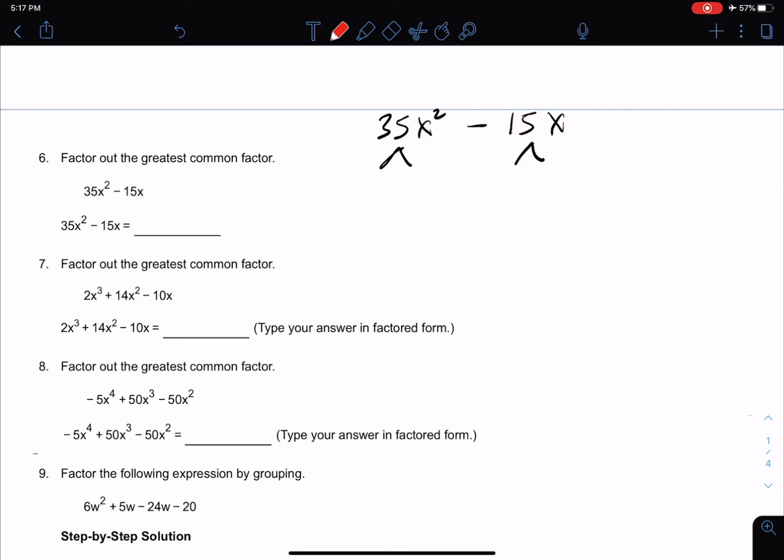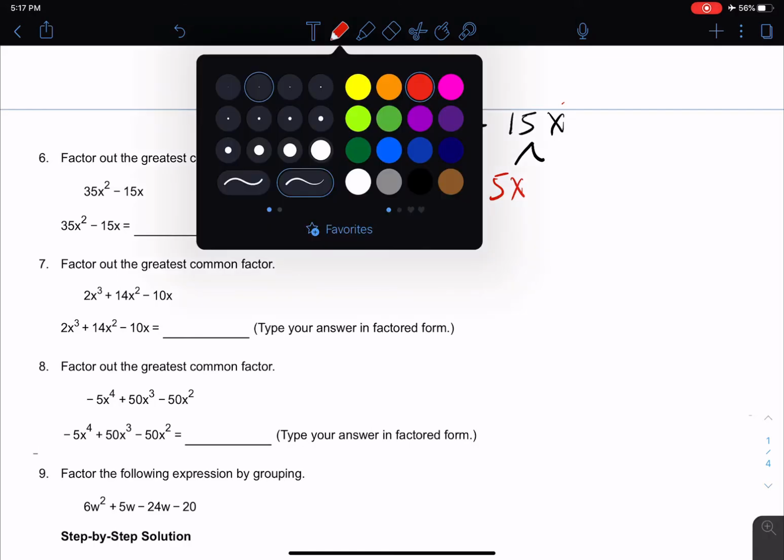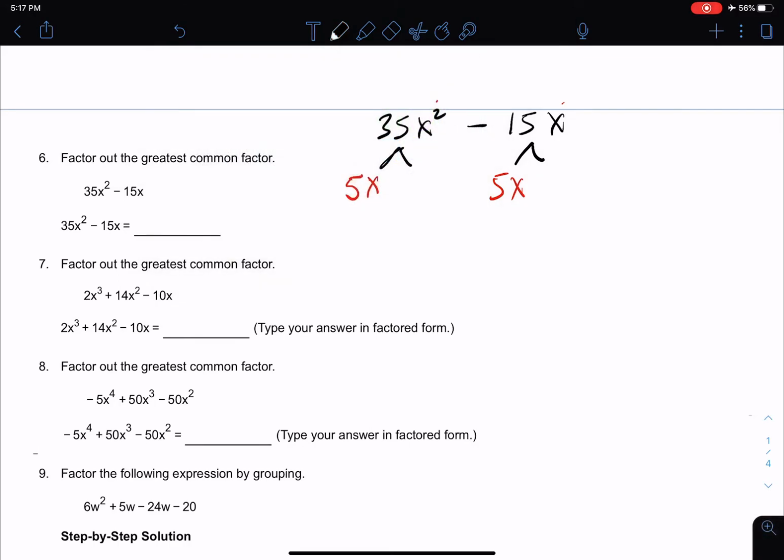In terms of the numbers, I believe 5 is common. In terms of x, I've got x squared and x to the first. So x to the first is the most I can factor out of either one of those. What do I have left? Well, 5 times 7 gives me the 35. And x times x gives me x squared.